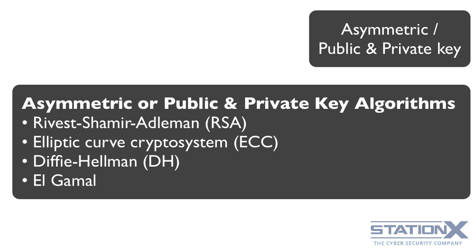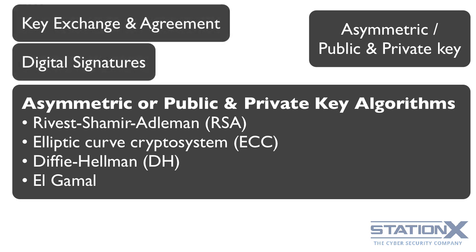Diffie-Hellman is becoming more popular because it has a property called forward secrecy, which we'll discuss later. And then you've got Elgamal, and the security of this algorithm comes from calculating discrete logarithms in a finite field as well.